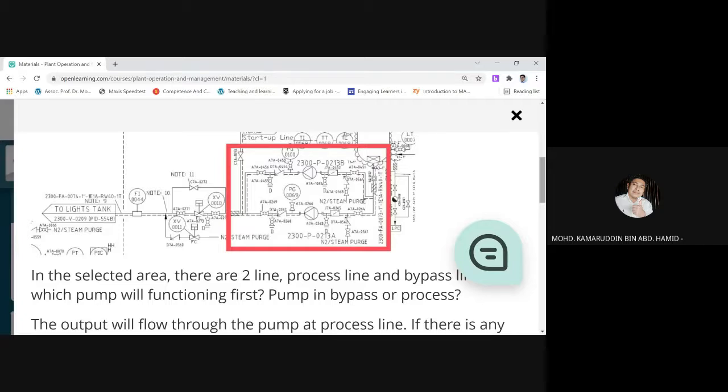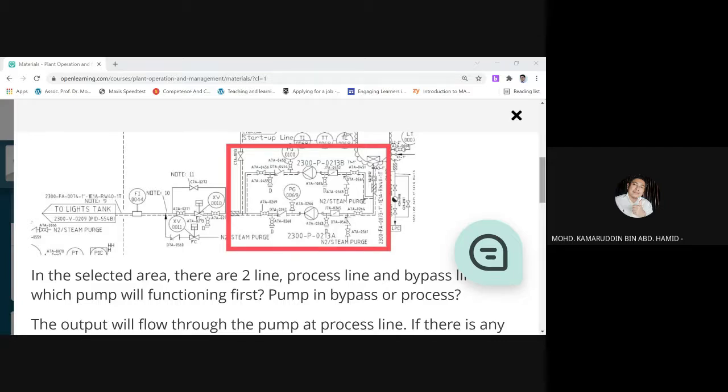The same thing also, if you want to increase the pressure of the vapor, of the gas, then you need to compress it. Compressing the gas will increase the pressure of the gas. Sebab tu, all of this require some backup. Kena ada backup, sebab equipment itu sendiri yang increase or decrease the pressure.